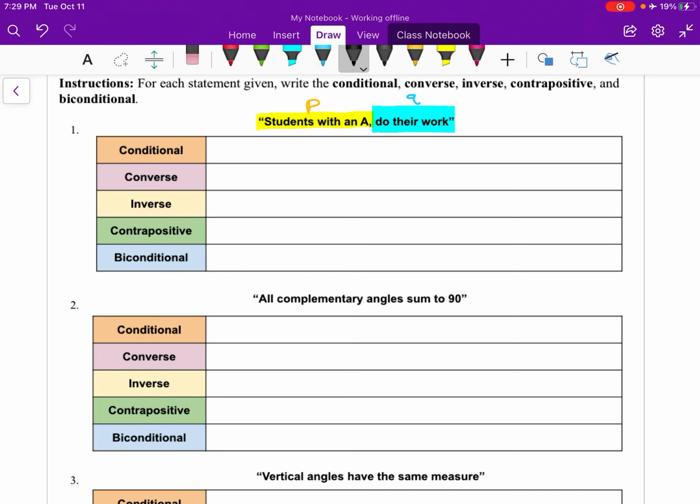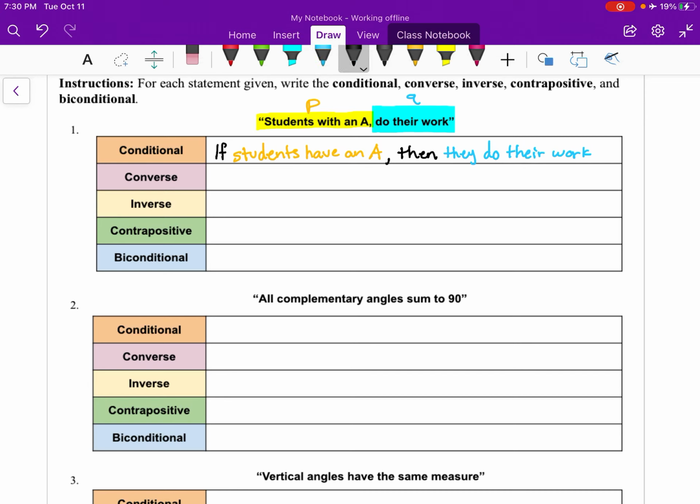The conditional statement would say, if students have an A, then they do their work. If we compare it to the original, this is basically the same exact sentence. The only difference is that we've added if and then to the sentence.